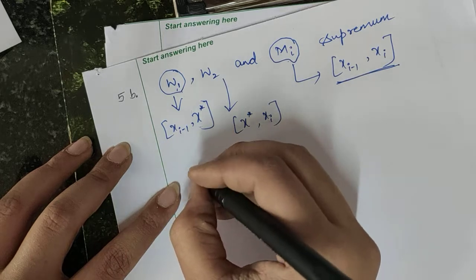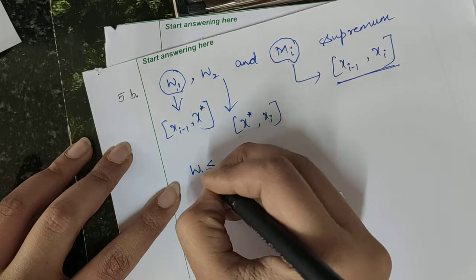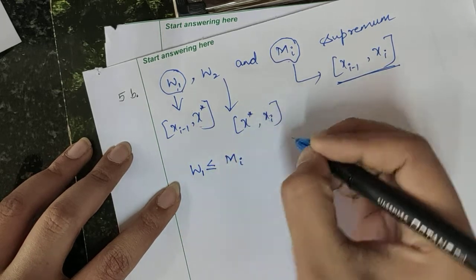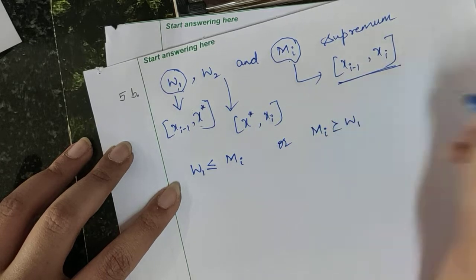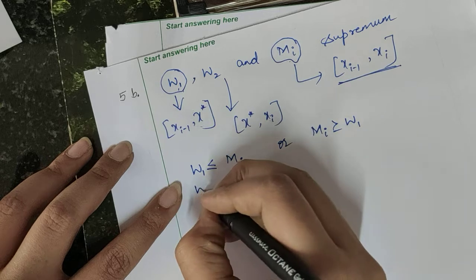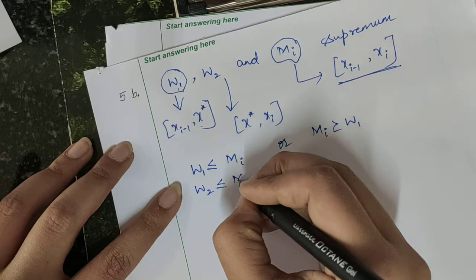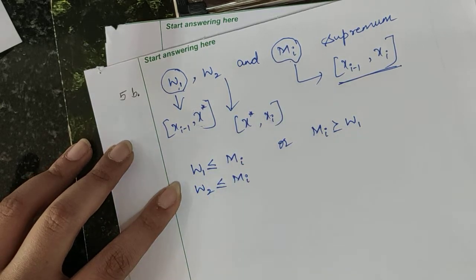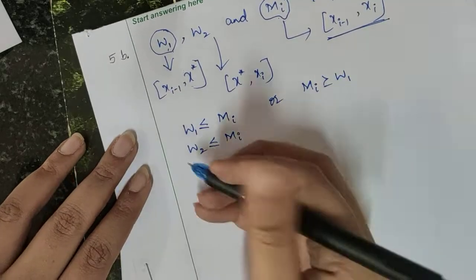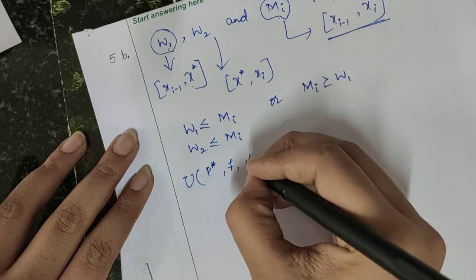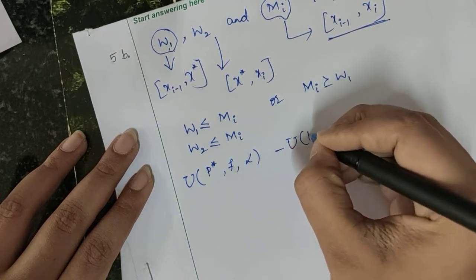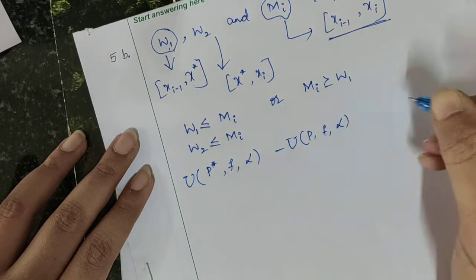So I can write W1 is less than or equal to Mi, or we can write Mi is greater than or equal to W1. Similarly, W2 is less than or equal to Mi. Right? Now consider U of p star comma f comma alpha minus U of p comma f comma alpha.